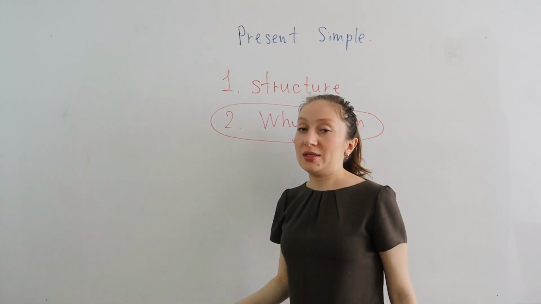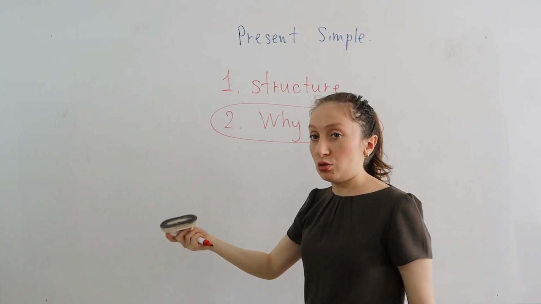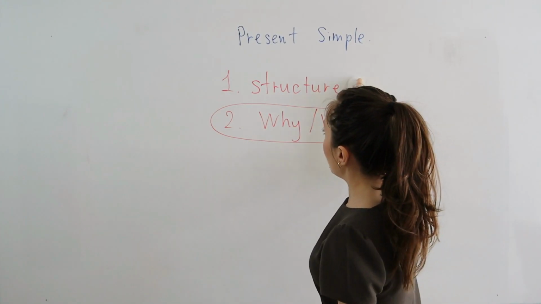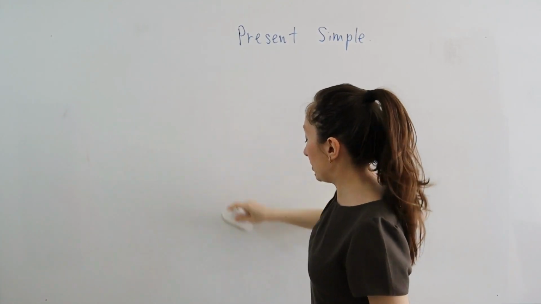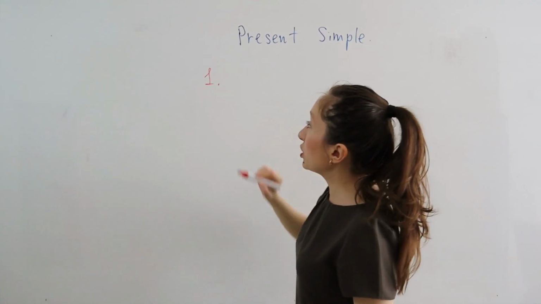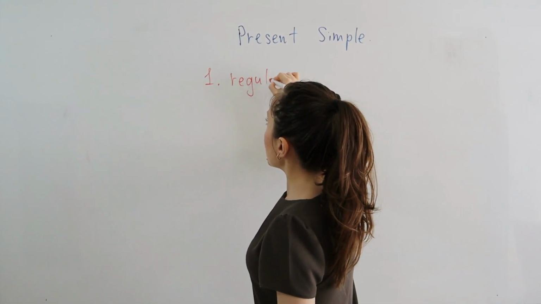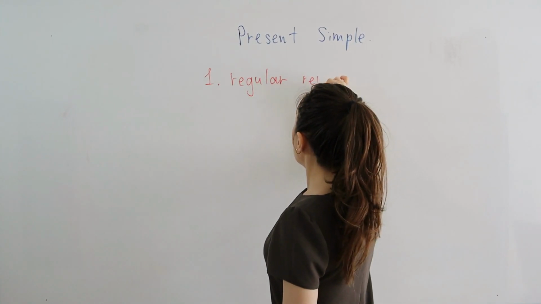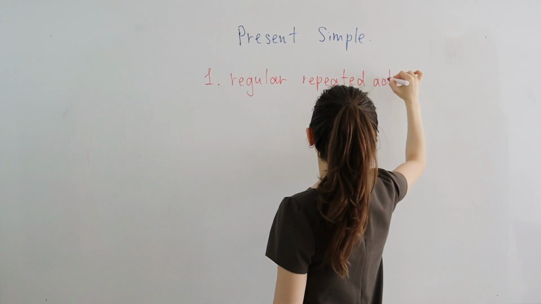When do we use present simple? So first you understand the situations when we use it. So we use it, number 1, when we talk about regular repeated actions.